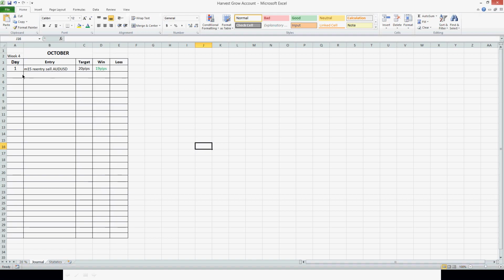Let's say you find another entry. You're still on AUD, and there's another re-entry sell again on AUD and you enter that. Your target over there is about 1 pip, because that's your remaining target.